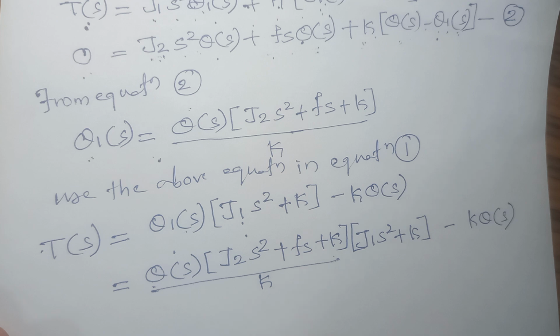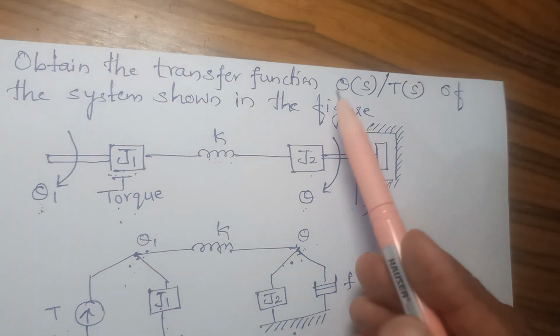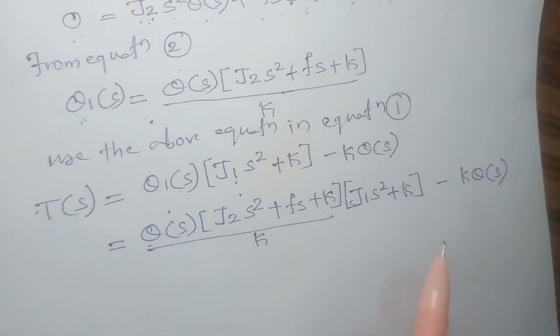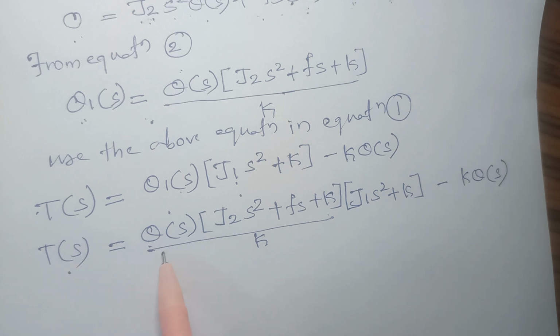Fine. Now what we want? We want to obtain the transfer function. Okay, what is there in the problem? In the problem we want to obtain theta of s by t of s. So from this equation we have t of s as well as theta of s. Now we have to write the equation such that we get the transfer function as theta of s by t of s.